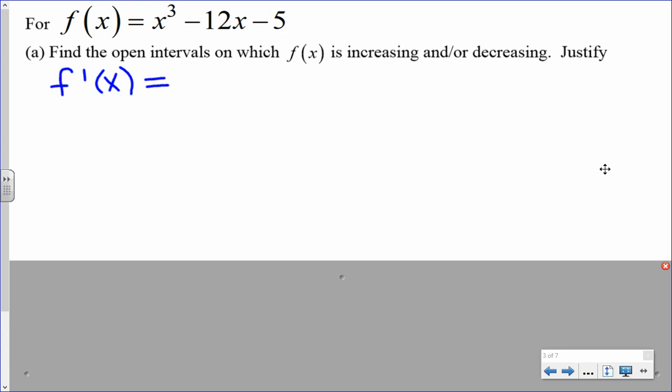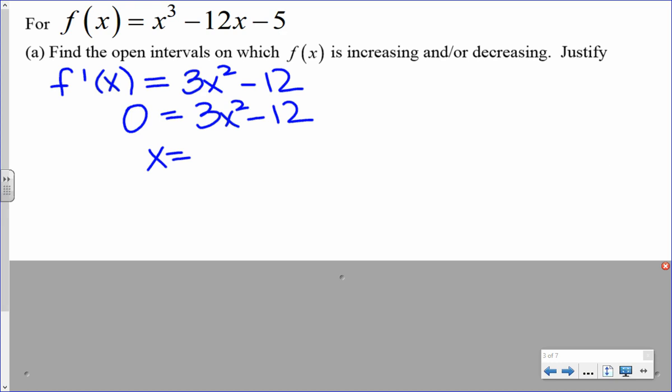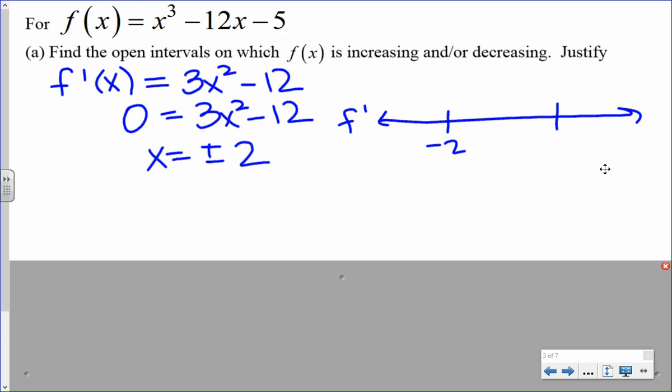So yesterday we found the derivative. We found where the derivative was equal to 0. We placed our critical numbers on the number line, and we determined where we had increasing and decreasing intervals.